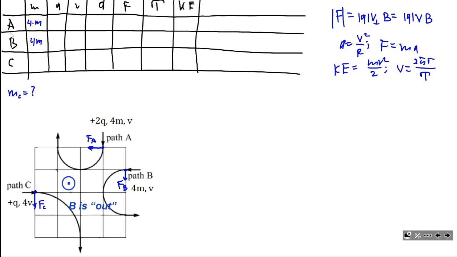Now, there are different ways to do that, and I prefer to write this unknown also in terms of that variable m, because it's supposed to be canceled eventually. So the particle C is x times heavier or lighter.